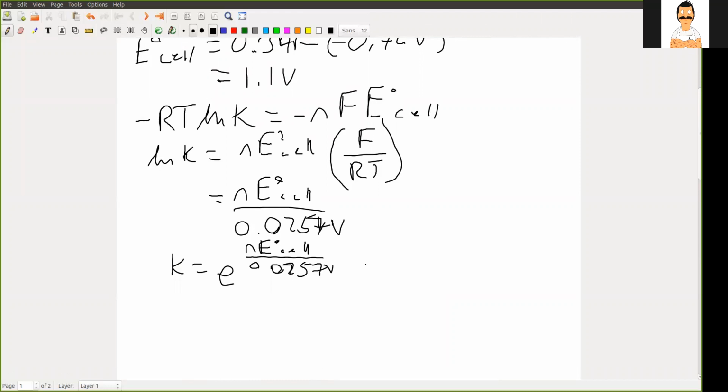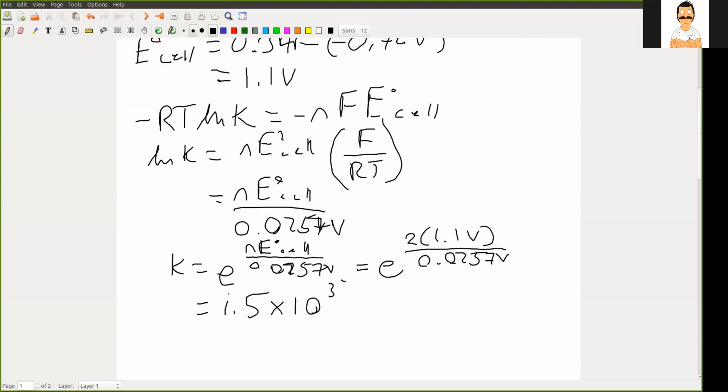So we just plug this in and we get e to the 2 times 1.1 volts all over 0.0257 volts, which if you run that into your calculator gives us 1.5 times 10 to the 37th power. And that's our equilibrium constant.